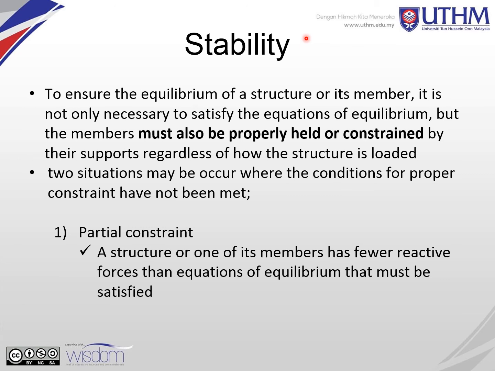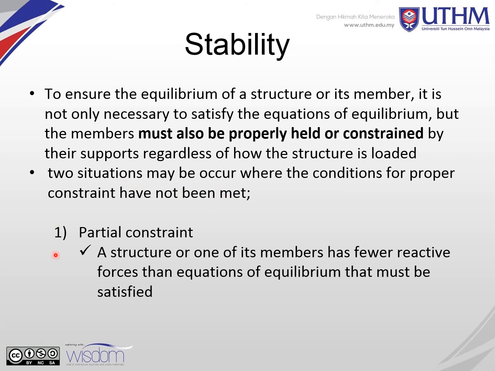Now, stability is to ensure the equilibrium of a system or its member. It is not only necessary to satisfy the equations of equilibrium, but the member must be properly held or constrained by its supports, regardless of how the structure is loaded. Two situations may occur when the conditions of proper constraint have not been met.